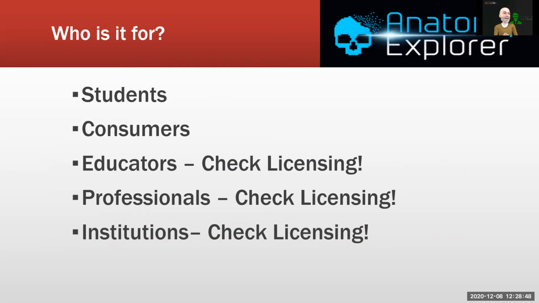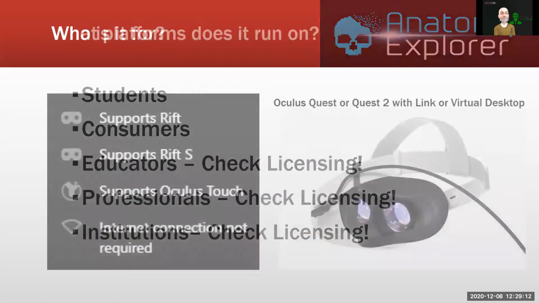However, check the licensing. I have reached out to Anatomy Explorer here at VR for Work. Haven't heard anything back yet, but if by chance they get in touch with us and we're able to go in and check out that multiplayer function, we'll certainly bring you that information and check back in on it and let you know what's possible with it.